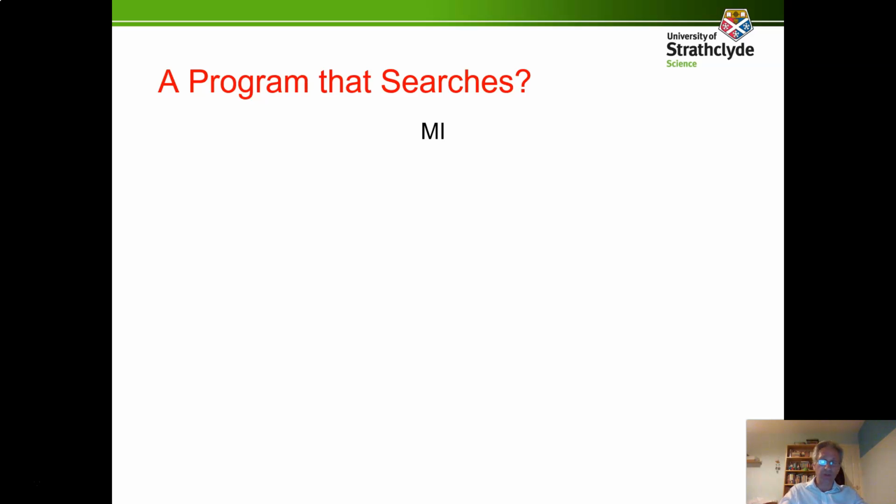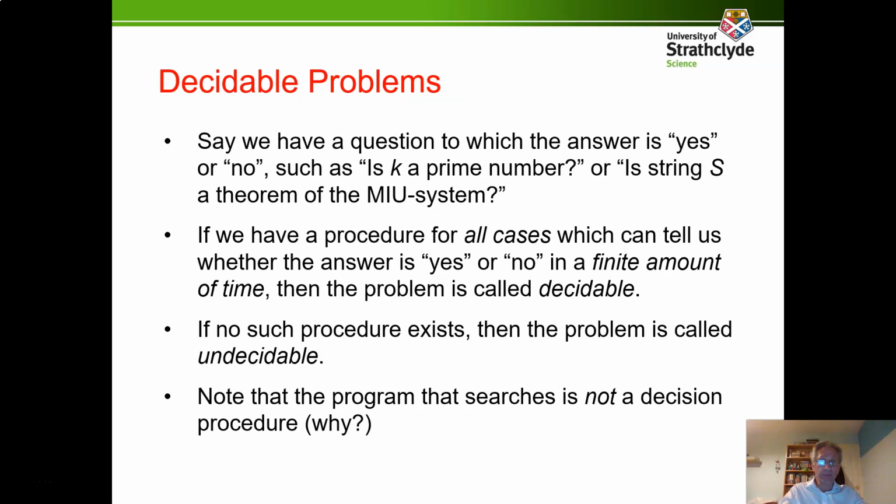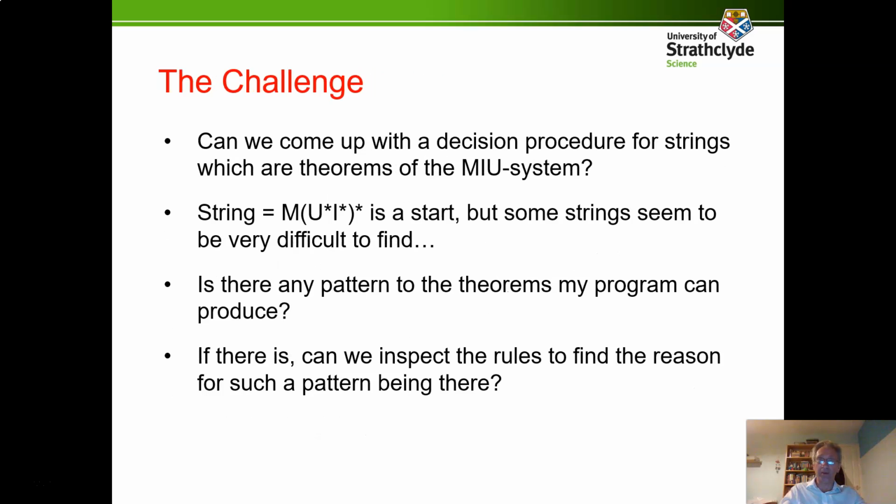Well, it's never going to reach the string XYZ, so it will just search forever and ever, waiting for the string XYZ to come out, and it's never going to come out. And therefore, this program will never come up with an answer. It will just run forever. So that program that searches is not a decision procedure. We're going to need something better than that as the decision procedure for MIU.